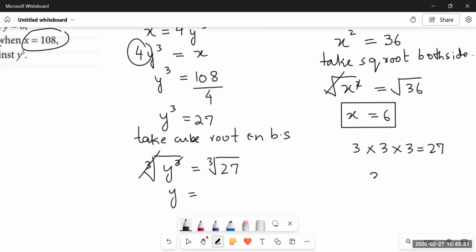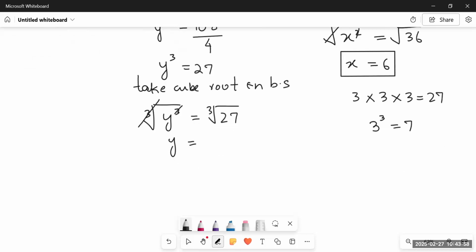So it means 3 cube is equal to 27. When I cancel this cube of 3 with the cube root, I'll be left with 3. It means y is equal to 3 when x is equal to 108.